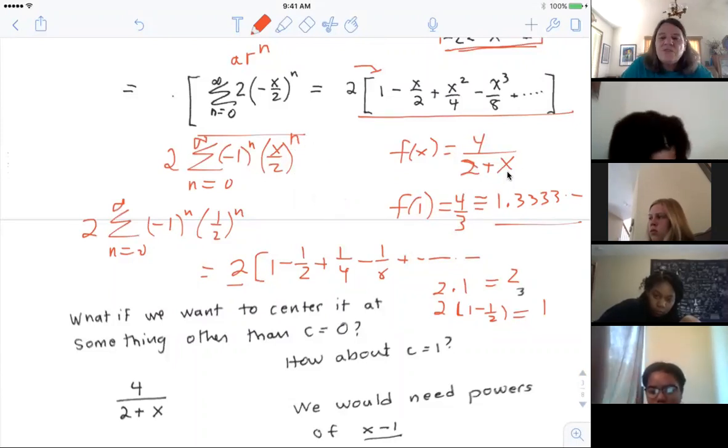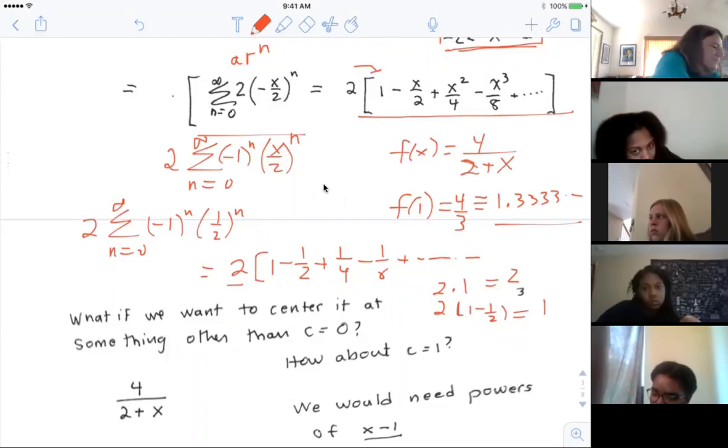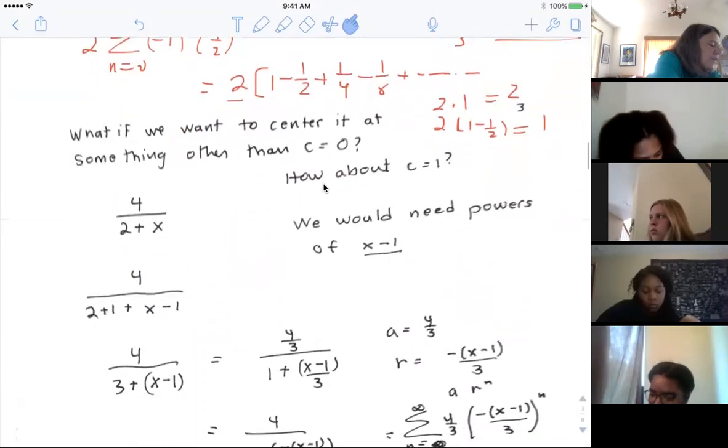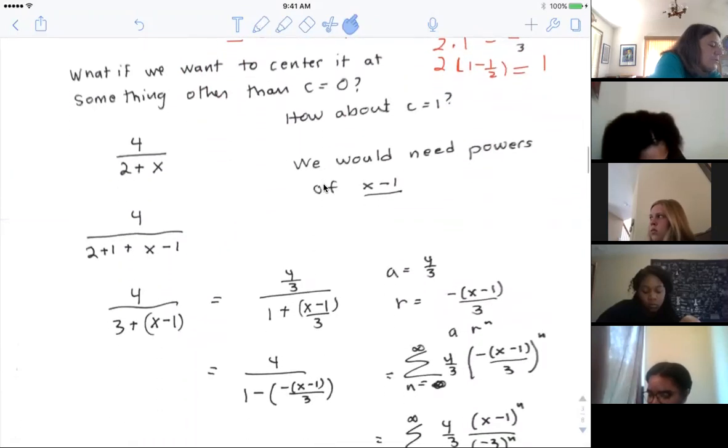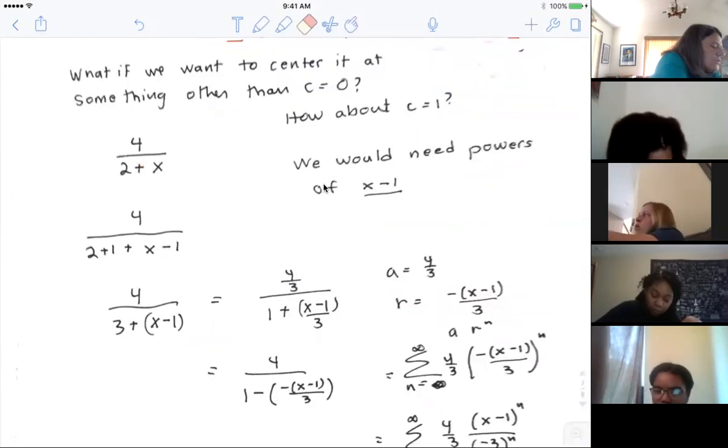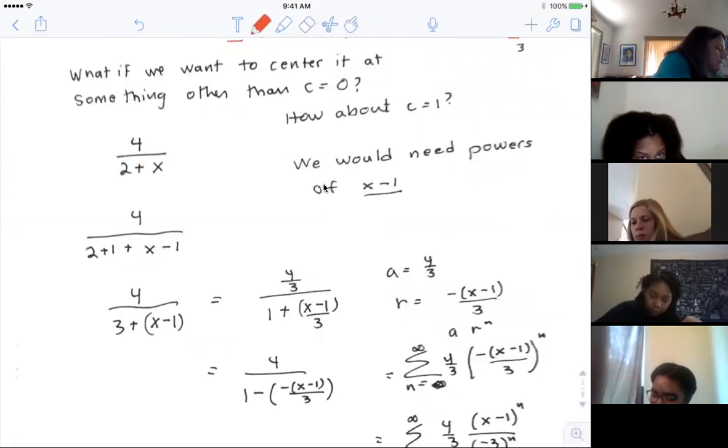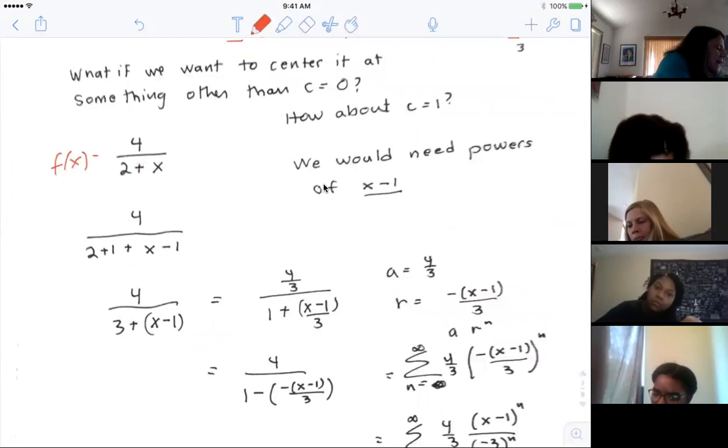Notice that both of these were centered at 0. You had an x to the n power in that one, and the last one that I did also had an x to the n power. What if I wanted to center it somewhere else? Suppose I wanted to take this one right here, f of x, and see where it converges around another place, in other words, centered at another spot.